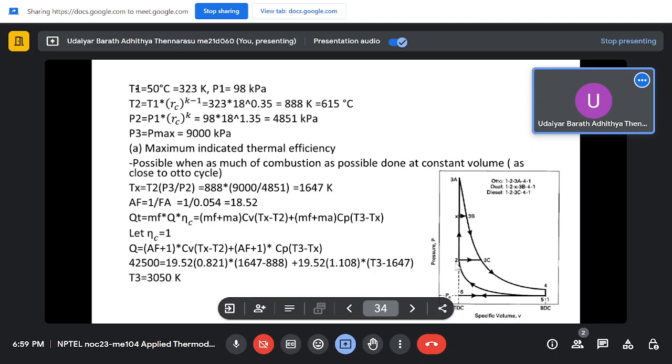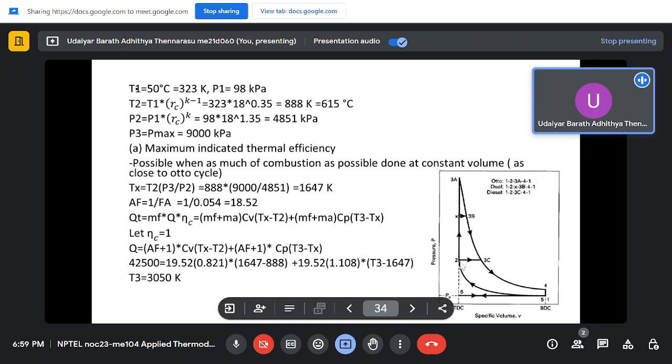Because we are operating a dual cycle, the thermal efficiency will be maximum, for the given compression ratio, if the heat is added mostly at constant volume, so it will reach the higher peak value at that point, and then we continue adding the remaining amount of heat. So maximum work is possible when it is close to the Otto cycle.